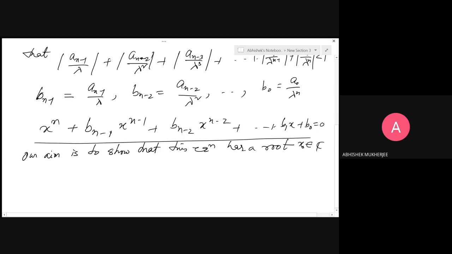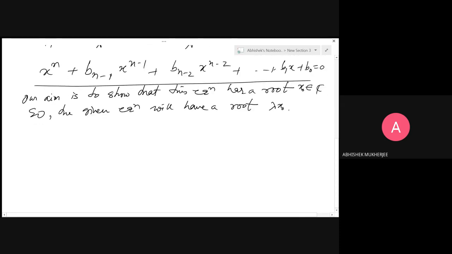And if you can show this, then you will definitely have a root of the equation we considered at the beginning. And that will be of the form: the given equation will have a root lambda x_0.